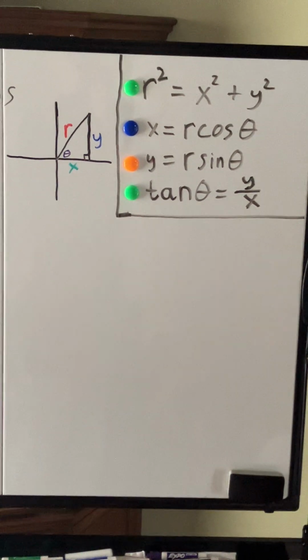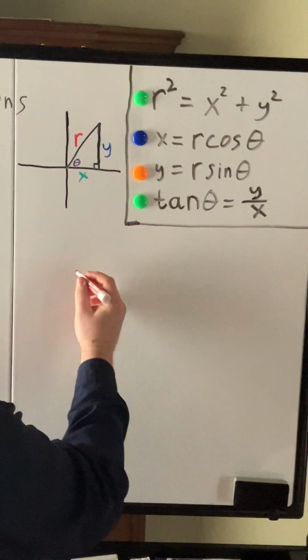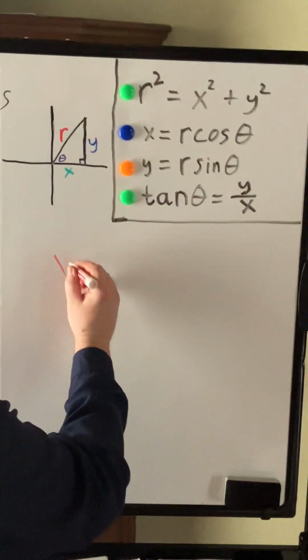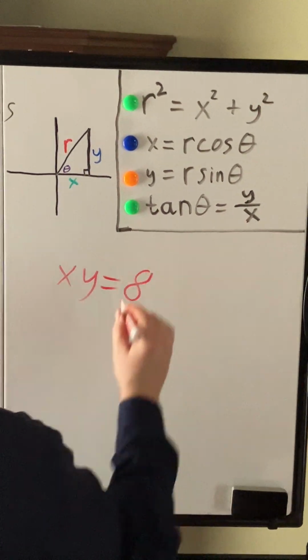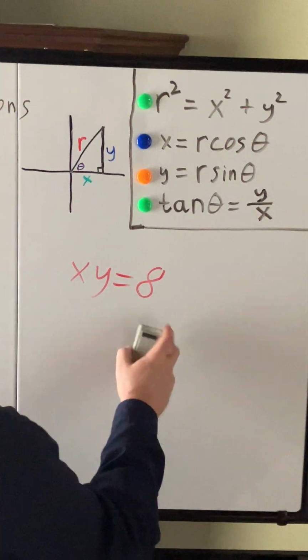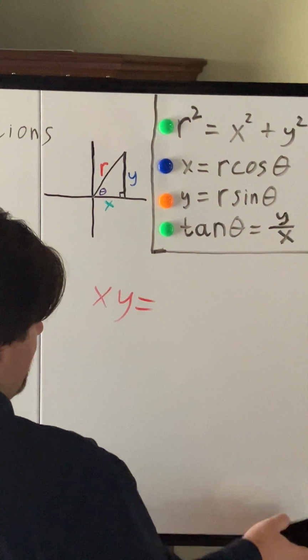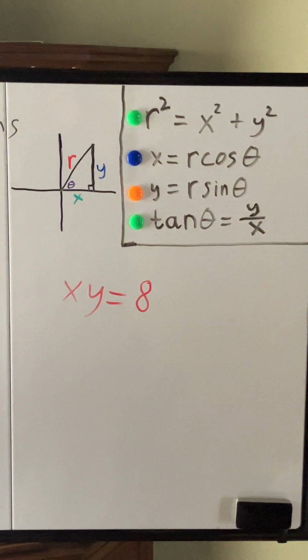I'm just going to pick a random problem and do one for you that looks a little bit different. Let's say we had xy equals 8. Let's rewrite that a little better. xy equals 8. All right.